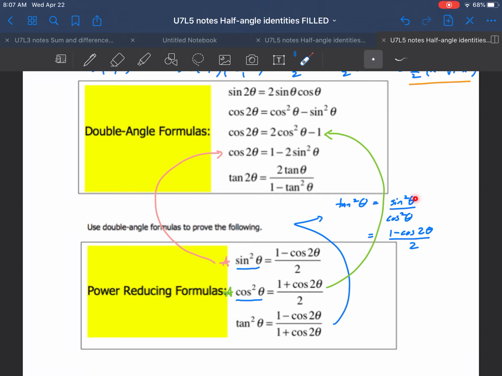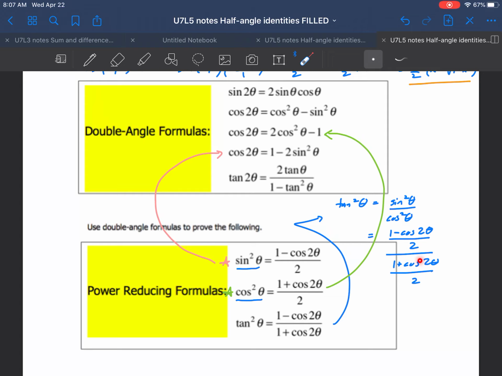Because this expression is equal to that by this. And now I'm going to need to divide by this, because that's cosine squared. So that is going to get divided by 1 plus cos 2 theta over 2.